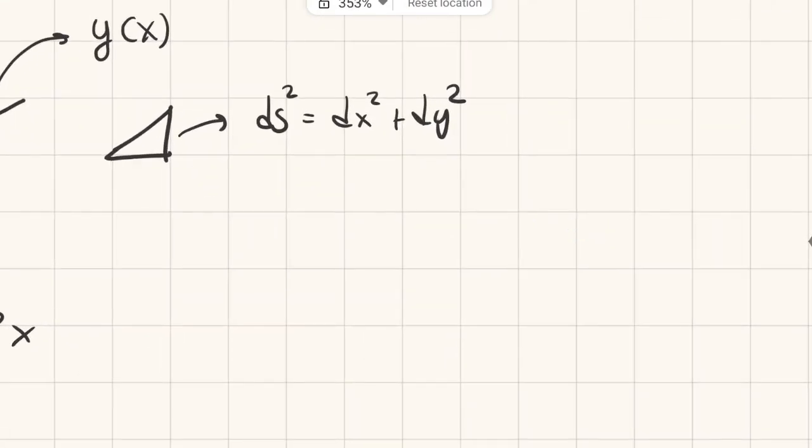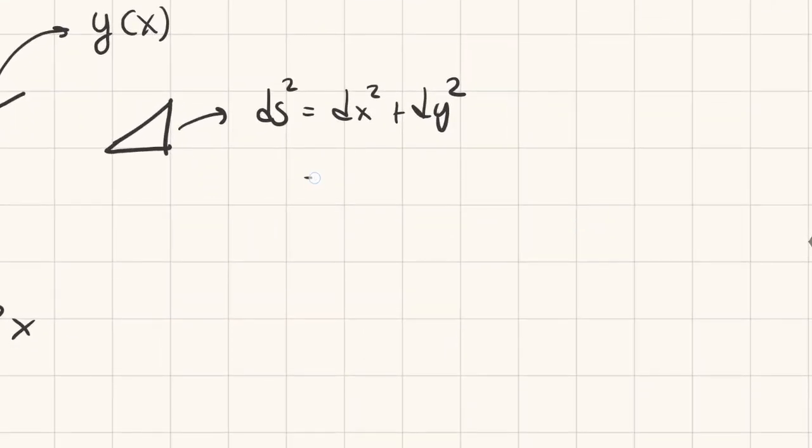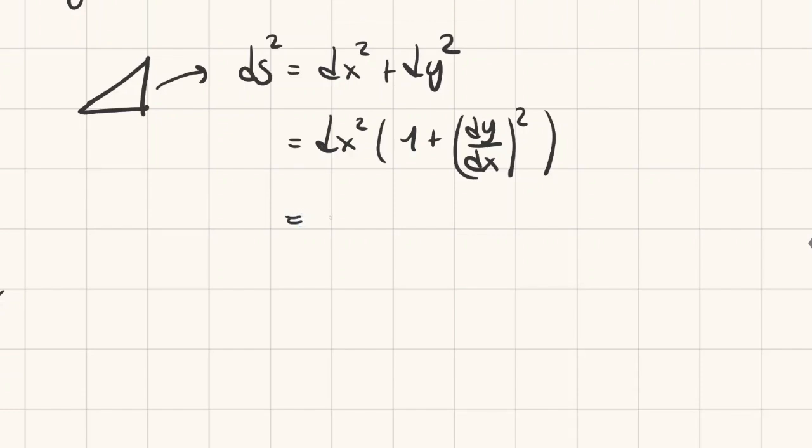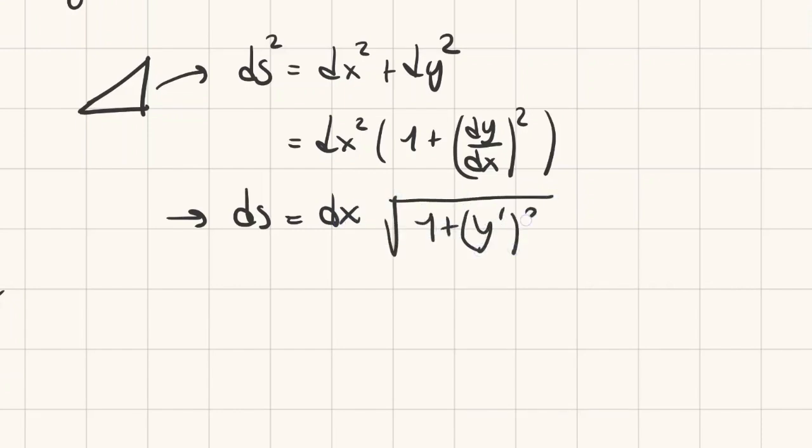Okay, so in this manner, we can factor dx squared to get 1 plus dy divided by dx squared, like this. And then from here, we can get that ds is going to be dx times the square root of 1 plus y prime squared.